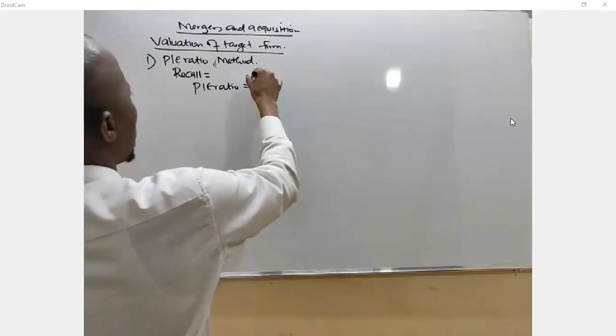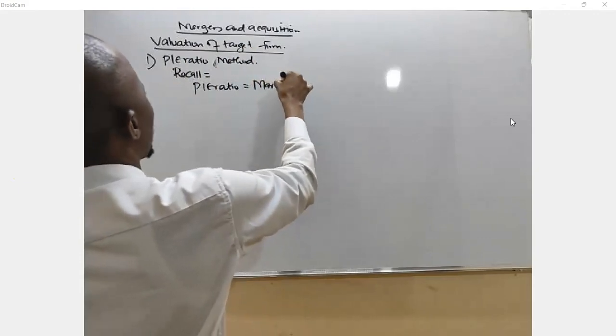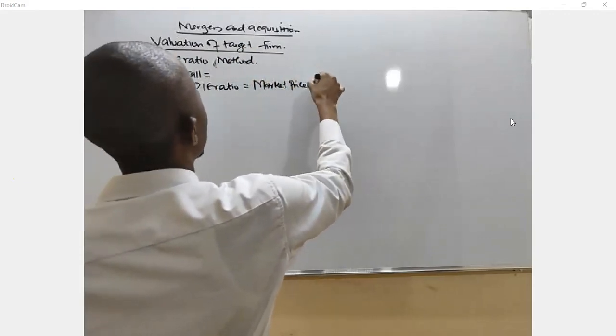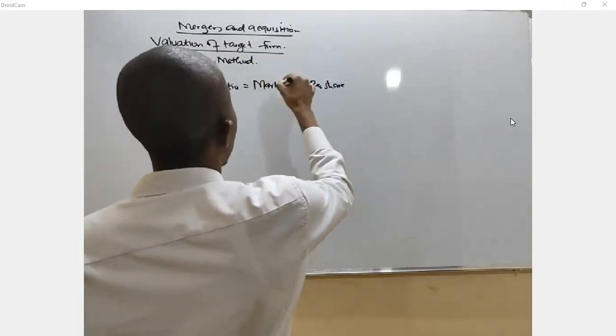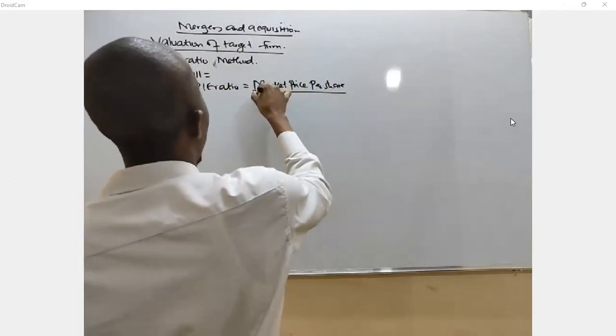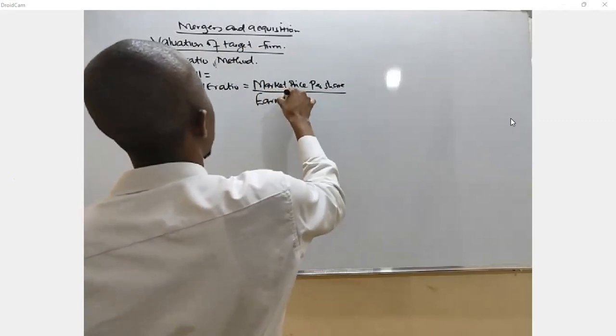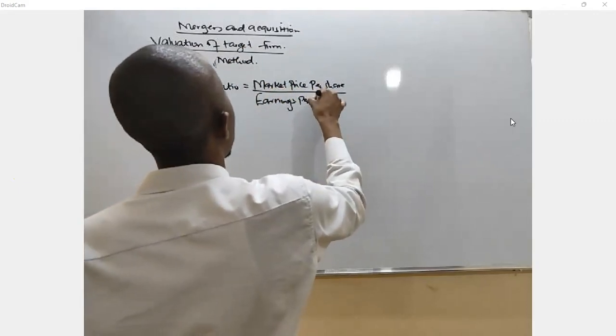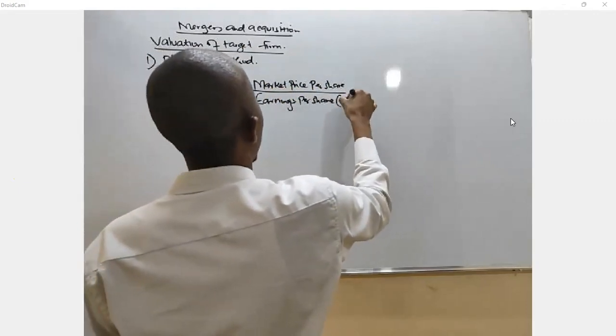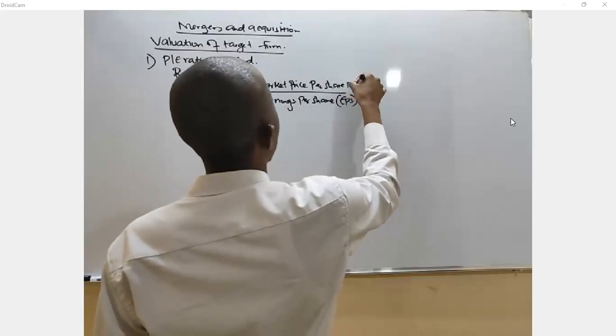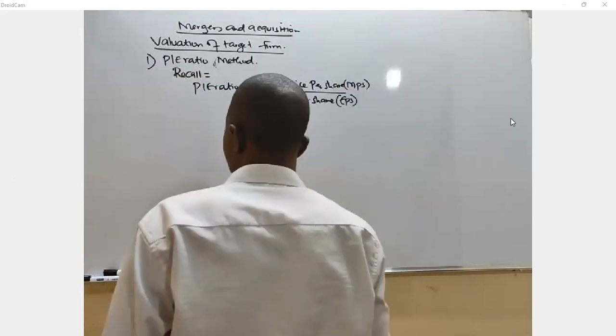If you can recall, when we were doing our PE ratio, we used to take the market price per share and divide by the earnings per share. So here I'm talking about EPS, and here MPS.